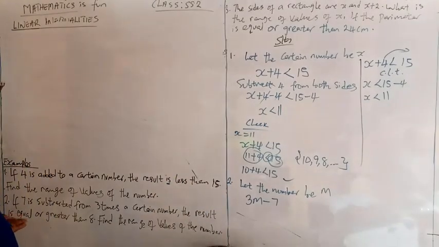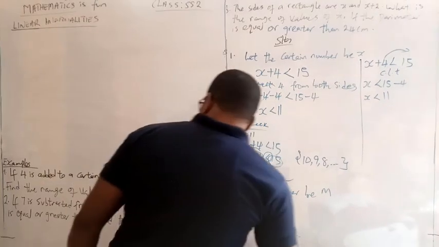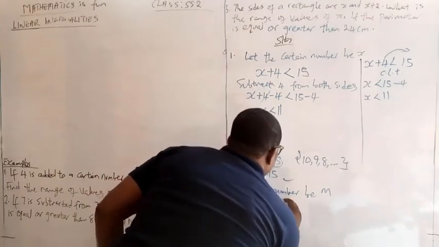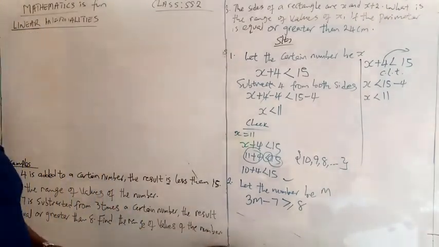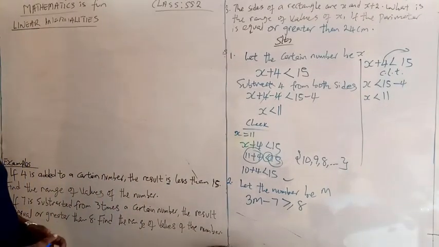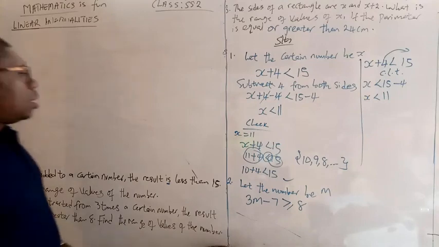The result is equal or greater than 8, greater than or equal to 8. So I have the mathematical form of this statement. How can we solve this?